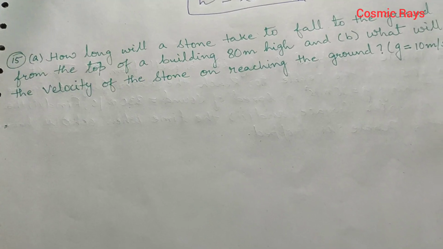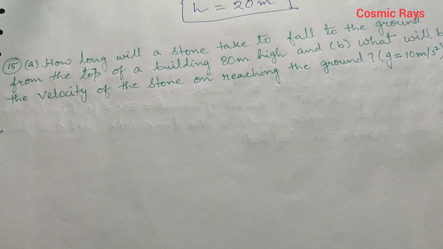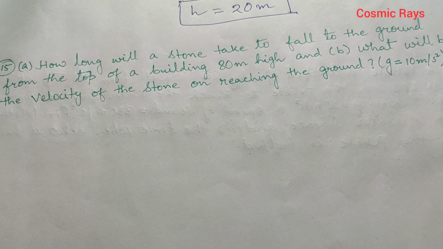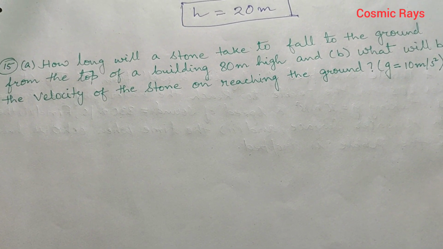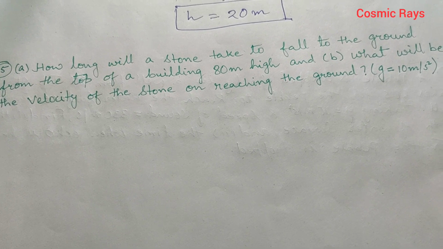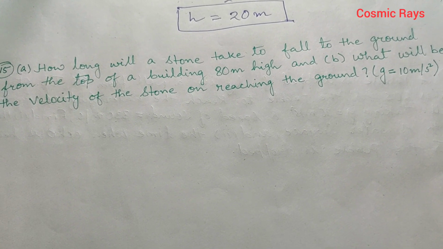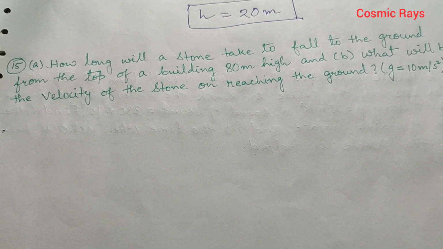Now question number 15 says, how long will a stone take to fall to the ground from the top of a building 80 meter high, and what will be the velocity of the stone on reaching the ground? So first of all, we have to find the time, and then we have to find the final velocity of the stone on reaching the ground.